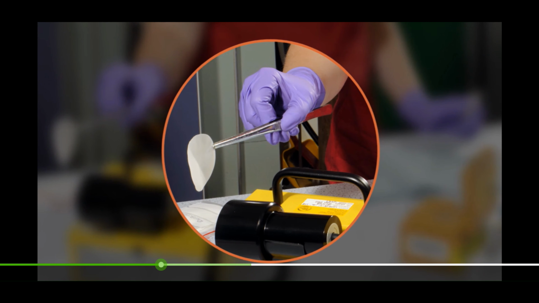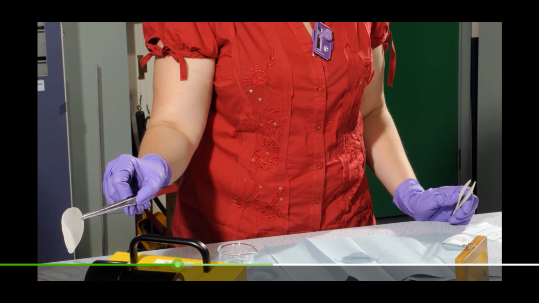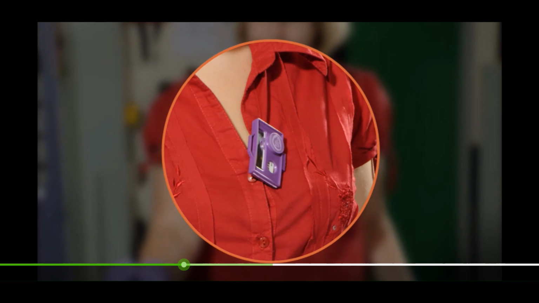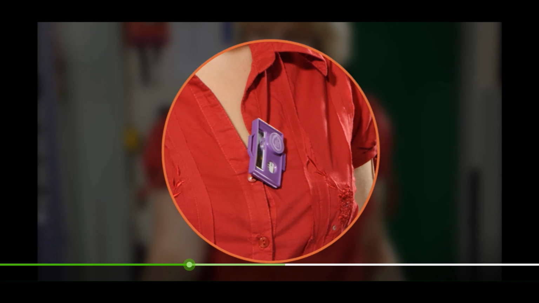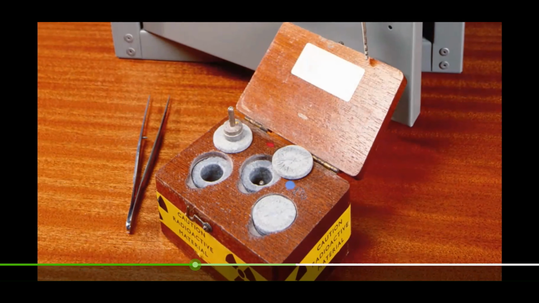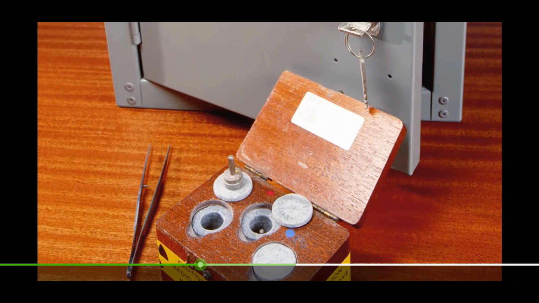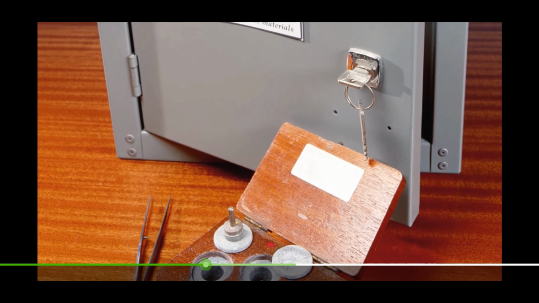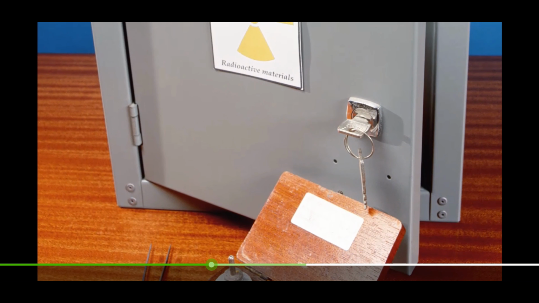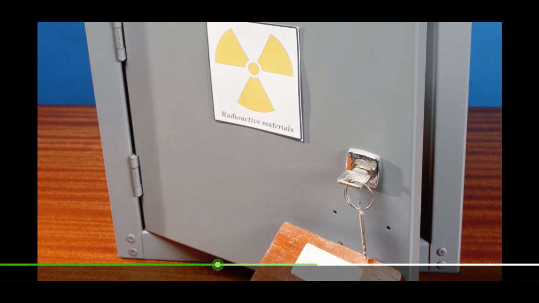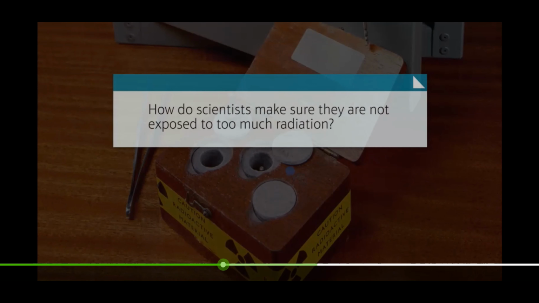Radioactive sources are therefore handled using tweezers or tongs to keep them as far away from the body as possible. The scientist is also wearing a badge that monitors the amount of radiation she is exposed to. Sources should never be pointed at anyone and should always be stored in a lead-lined box and locked away safely when they're not being used.